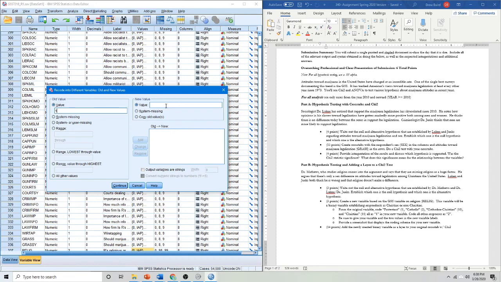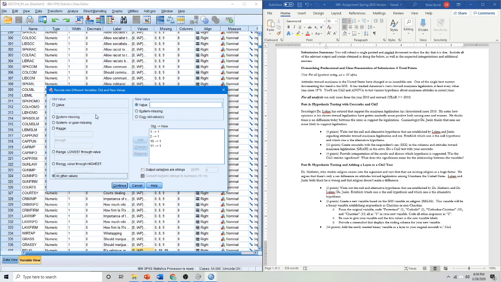So the old value 1 equals the new value of 1. We'll keep that as is. The old value 2 for Catholic equals 1 for our binary variable. The old value of Orthodox Christian being 10 is also a 1, because they count as Christian in our binary variable. And then the catch-all Christian, 11, is also going to be coded 1.